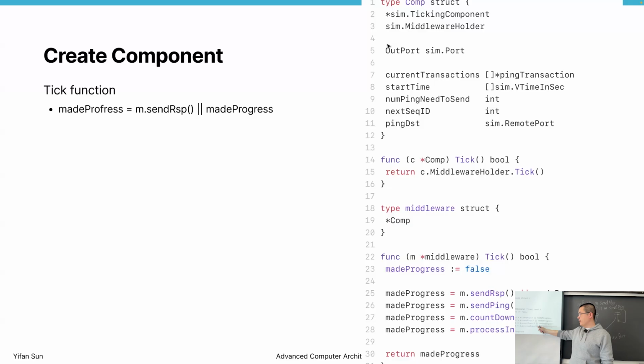Intuitively, you may probably write in this order: send ping, process input, count down, send the response, right? Or let's make it simpler. Let's say in a CPU core, if you have pipelines.